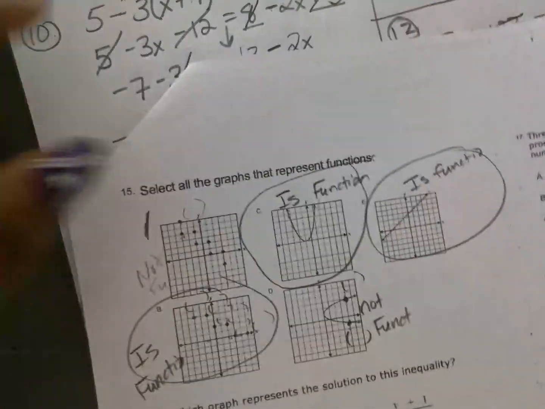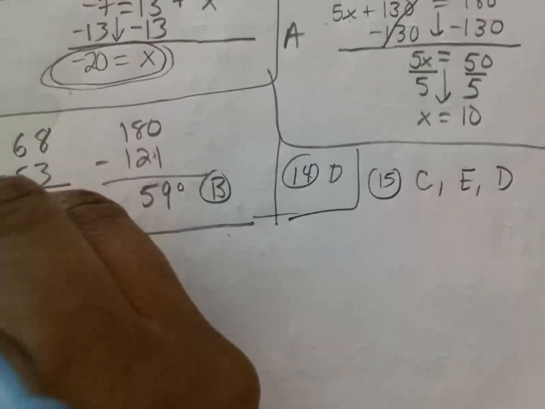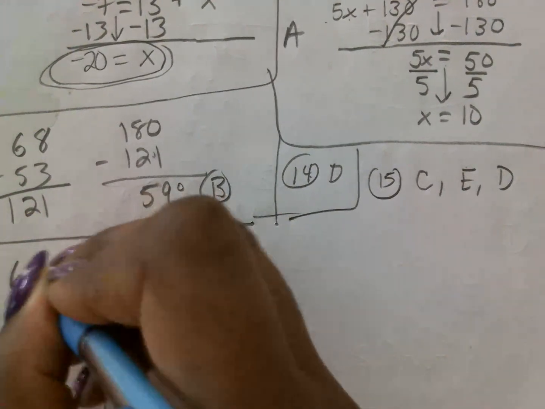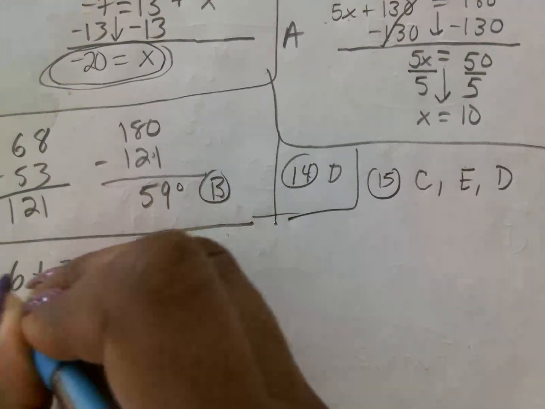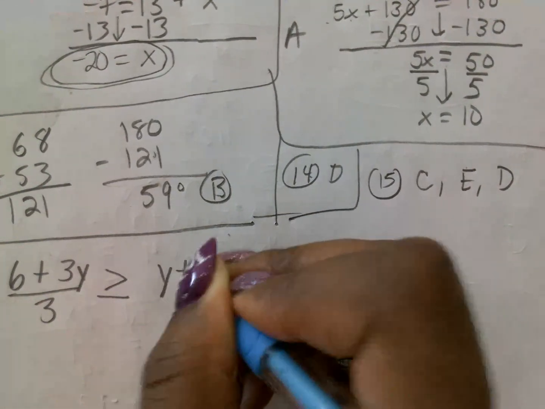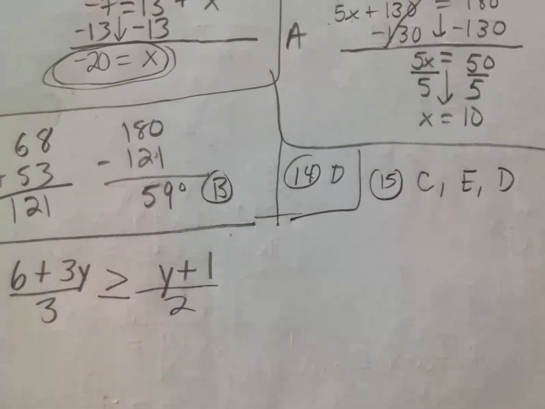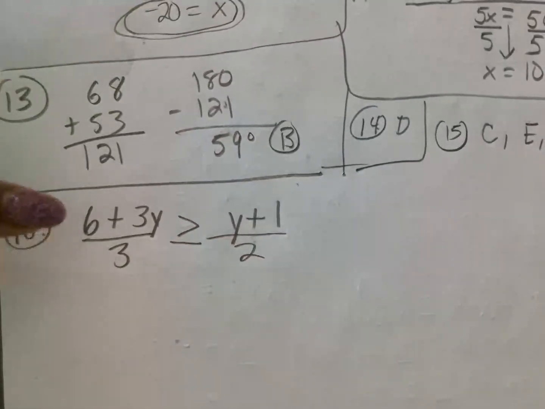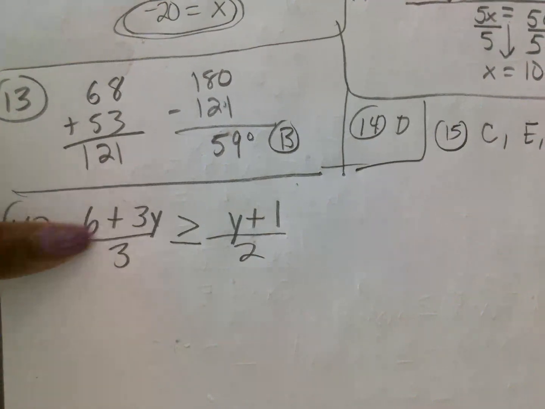Okay, number 16, we're solving this inequality. So we have 6 plus 3y divided by 3, and then y plus 1 divided by 2. All right, so let's do this. Let's get rid of this division here.